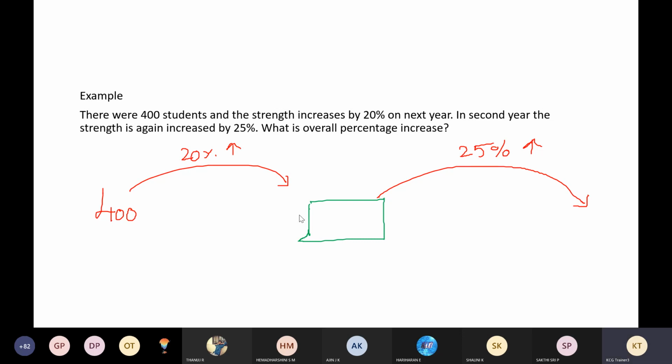Super, guys. So it would be 480. And from 480, there should be a 25% increase. Either find 25% and add it, or else multiply by 125 by 100 to get the answer.